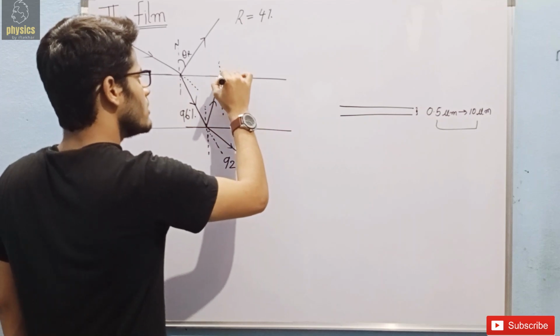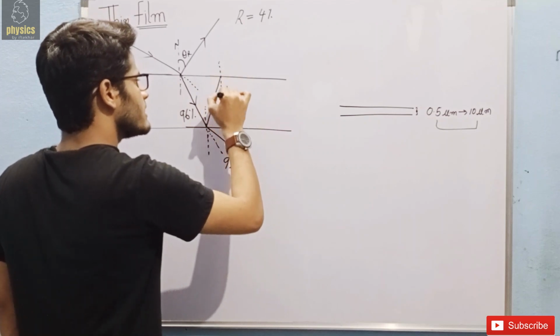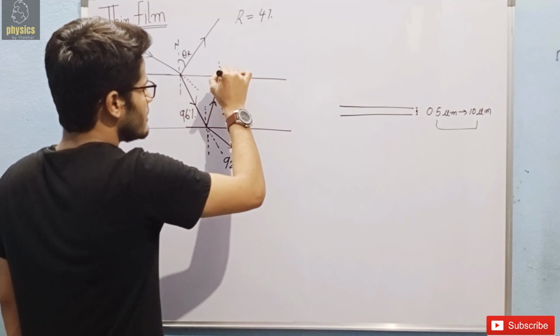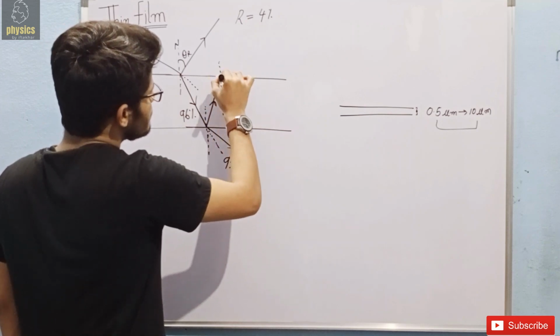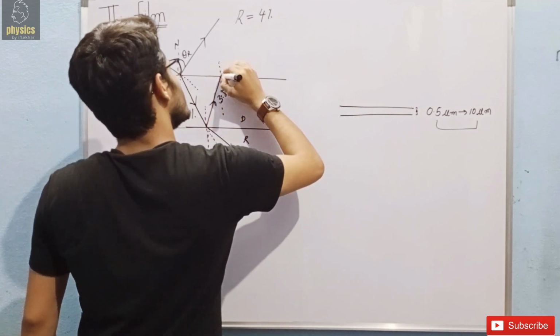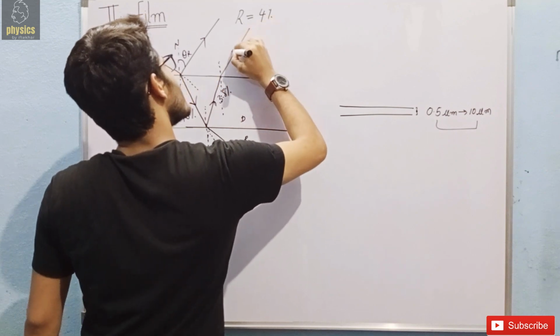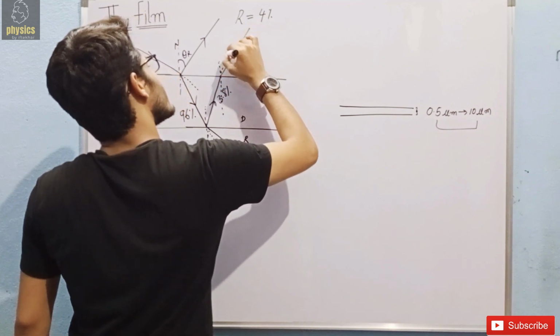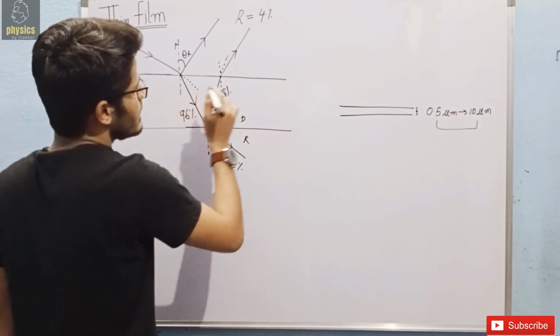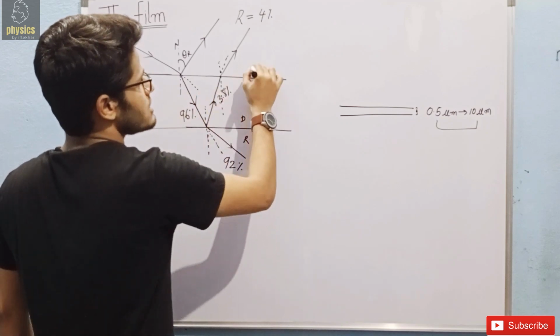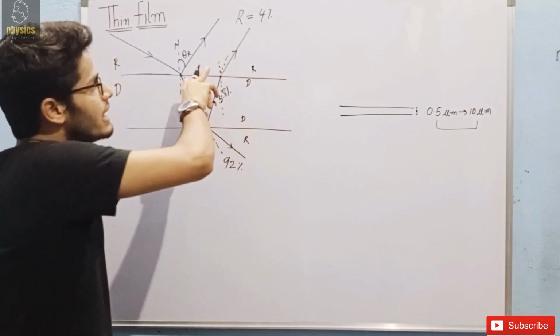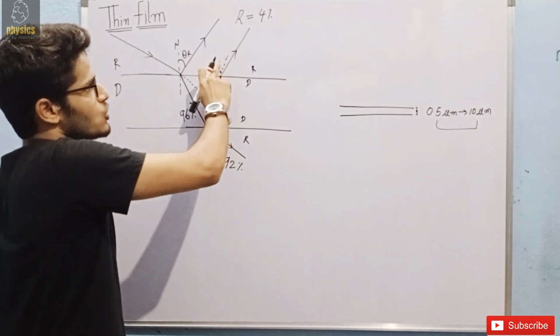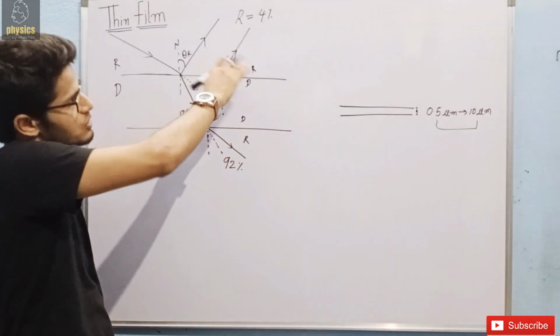Again, part of this reflected light will get transmitted. So this is the actual direction of it, but it won't follow that because the light is traveling from denser to rarer. It will bend away from the normal. So this is the normal, it is bending away from the normal.